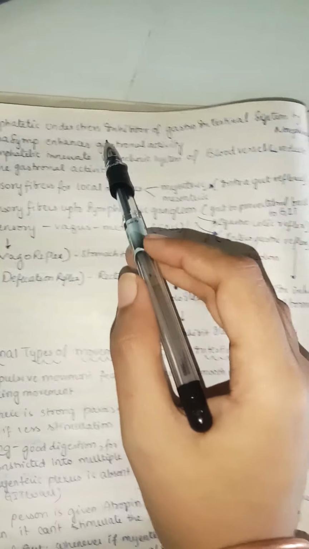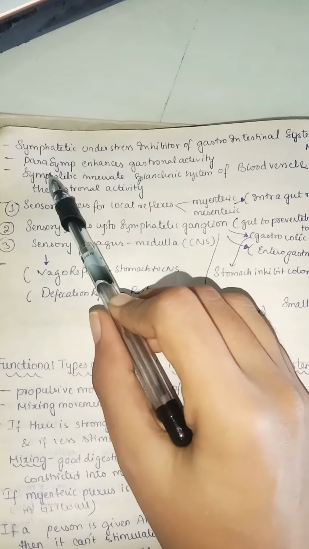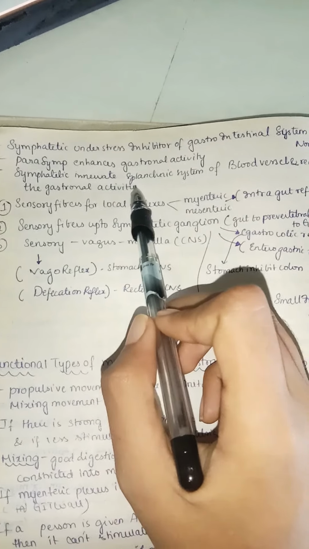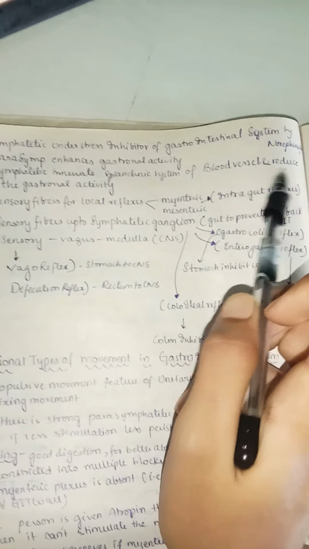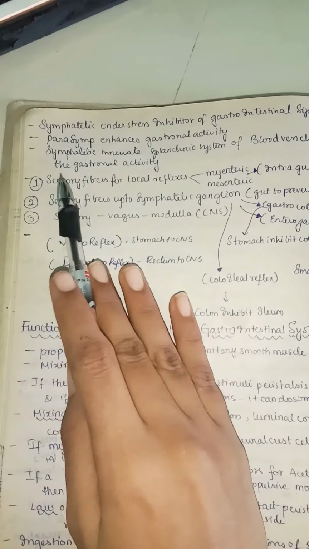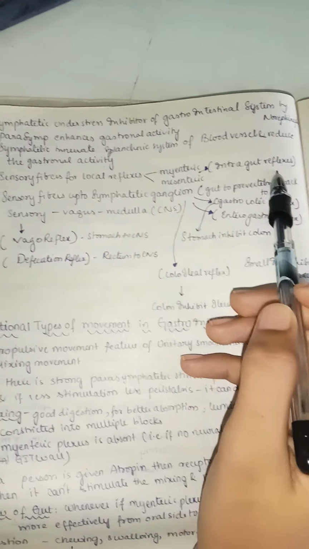Sympathetic, under stress, is an inhibitor of the gastrointestinal system by norepinephrine, whereas parasympathetic enhances gastrointestinal activity. So sympathetic innervates the splanchnic blood vessels and reduces gastrointestinal activity. Coming to sensory fibers for local reflexes, they are myenteric and submucosal.